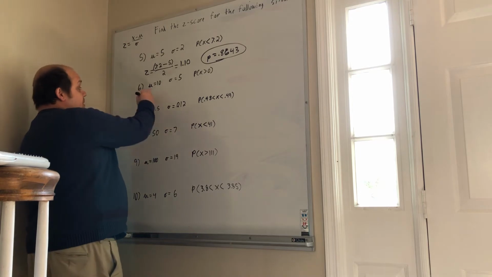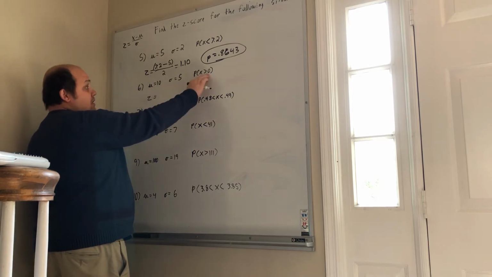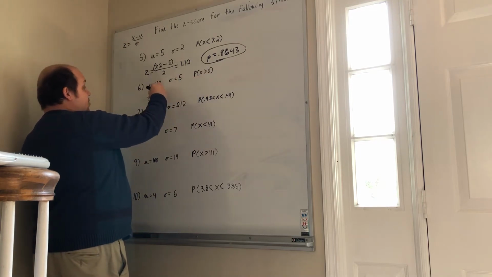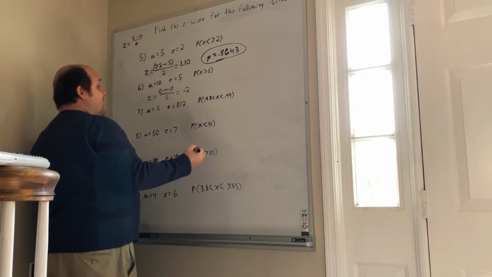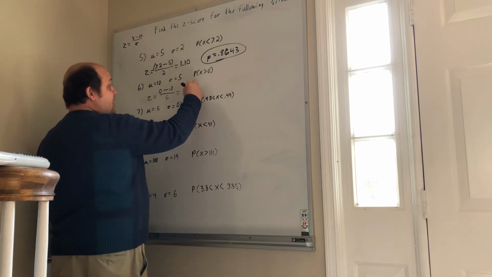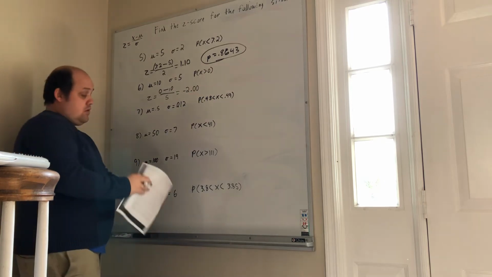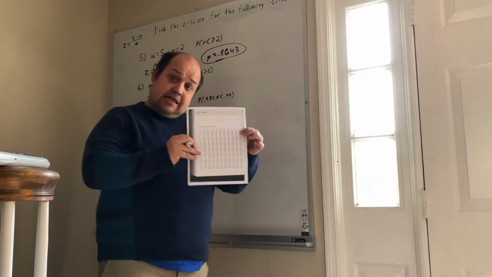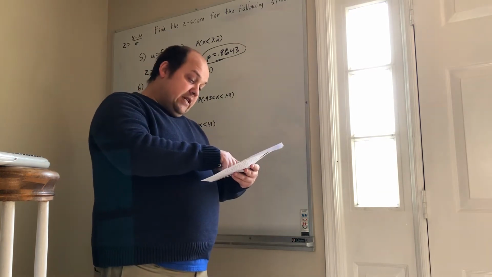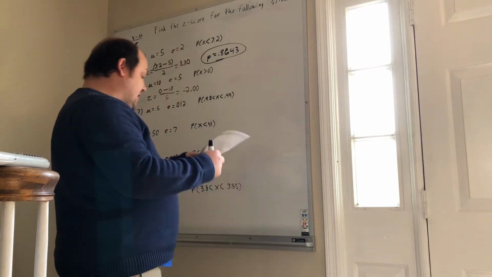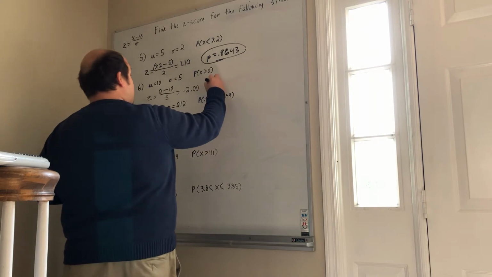When I go to set up number 6, again, z equals the given x value of interest minus the mean divided by the standard deviation. When I do it this time, I get a z-score of -2, which I know to call -2.00. I look on the negative side, the side with the graph at the top. The negative side, 2.0, has a p-value of 0.0228.